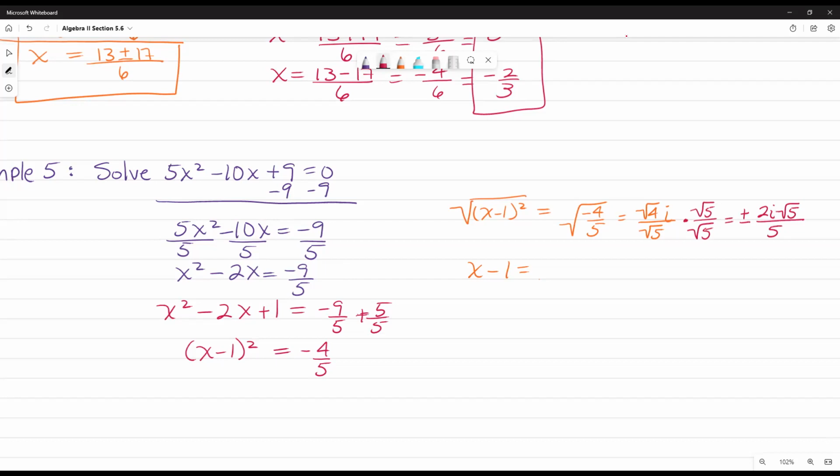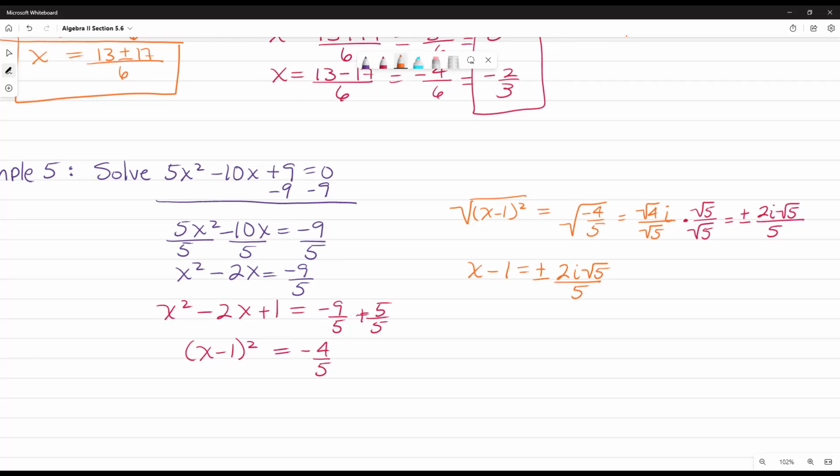Everybody good on where that came from? Okay. So that goes right here. Plus or minus 2i square root of 5 over 5.